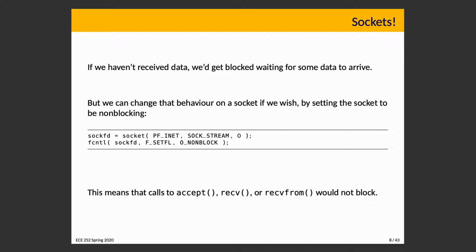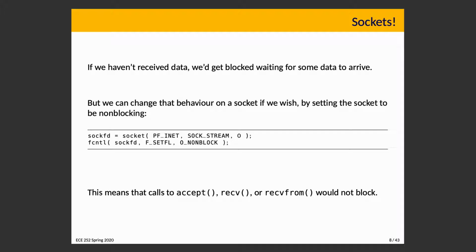So we want to set properties about the file, i.e. the socket, and what we're going to do is use non-block, which says we want the non-blocking option to be set on that file, which represents that socket. And then we have a non-blocking socket, and that means that those operations that would normally cause us to get blocked would end up, well, not blocking whatever thread called that function.